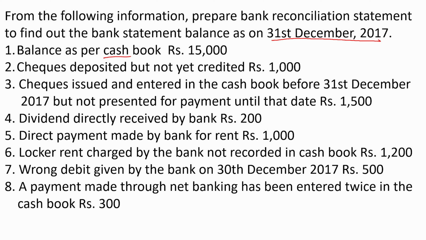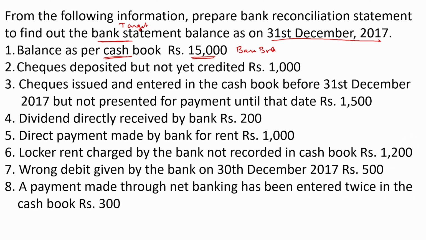Balance as per cash book is given. We know the balance as per cash book is 15,000. So we call this cash book as our base book. We have to calculate the balance as per bank statement. So we call this our target. So we know the base book is cash book and the target book is our bank statement.